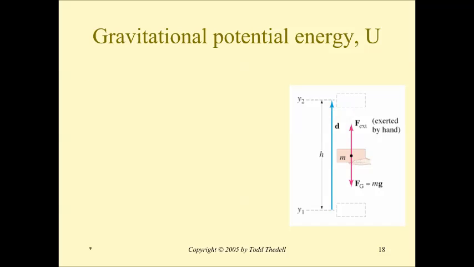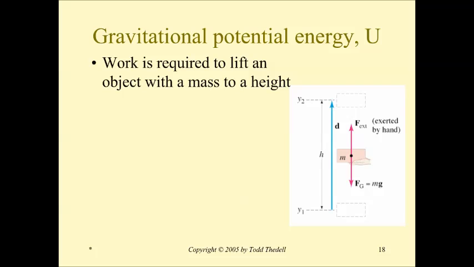The gravitational potential energy is abbreviated with a capital U, and work is required to lift an object. So we have this object in a gravity field, right? This is going up and down. So we have the weight pushing down, the hand pushing up. So this is an external force, and so it is changing.